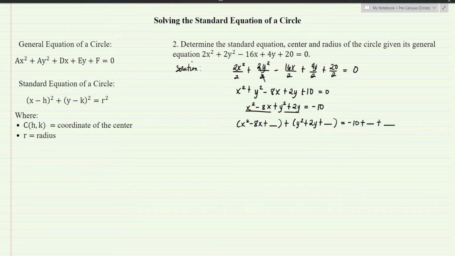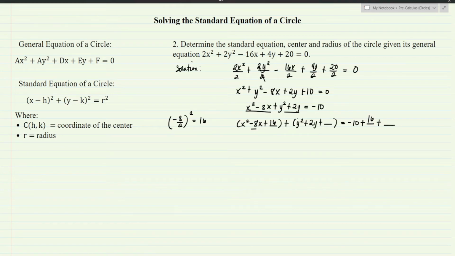To solve for the first constant term, I will take the coefficient of the middle term, so negative 8 divided by 2, then squared, so that will be negative 4 squared, that is 16. So I will place here 16, then 16 on this right side of the equation.